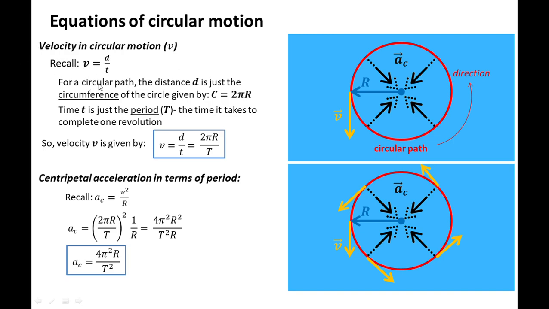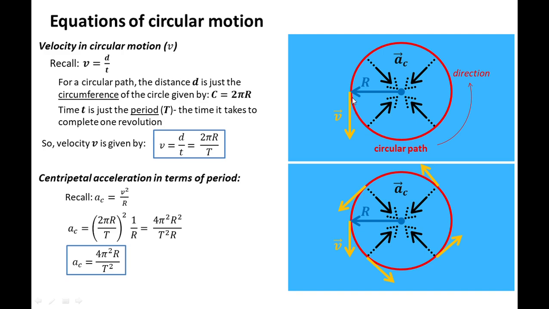You can actually recall the equation for the velocity. Velocity is the displacement divided by time, or if we are just talking about the magnitude of the velocity, which is the speed, the speed is just equal to the distance traveled divided by time. Now, for our circular motion, the distance d traveled by the object is just the circumference of the circle, right?